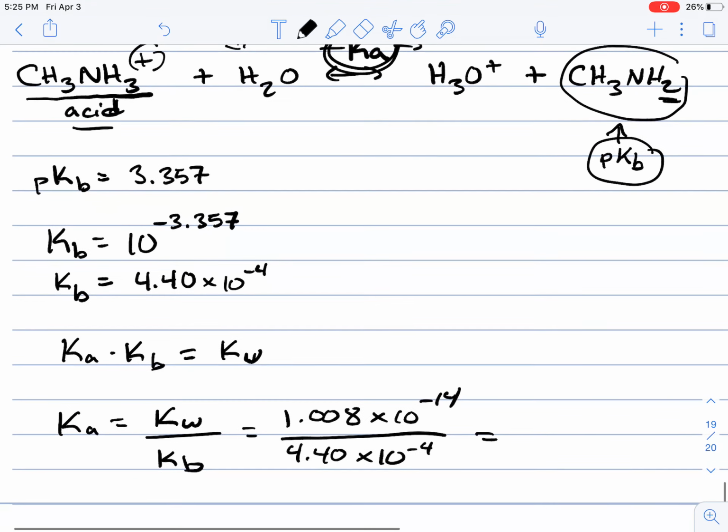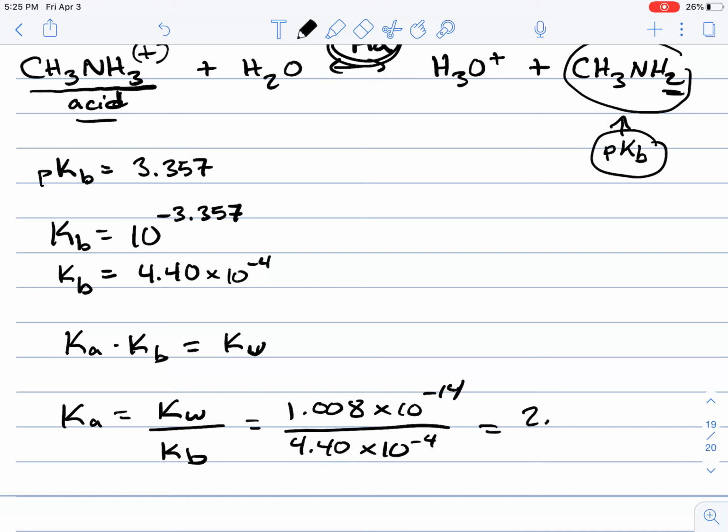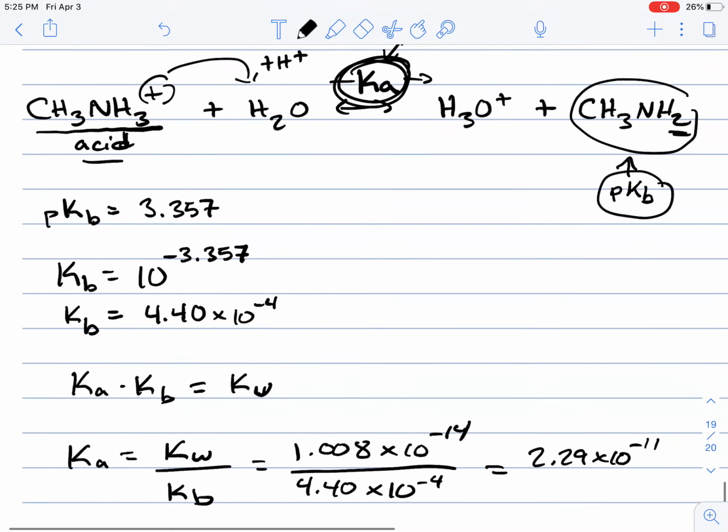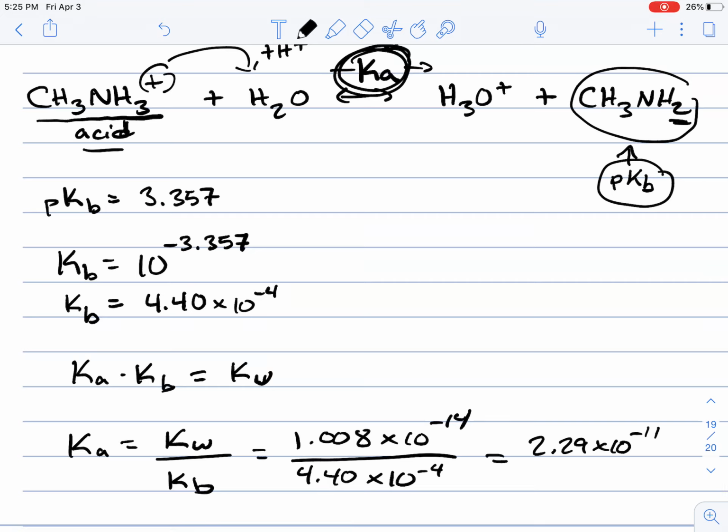If I divide those two values, that's going to give me a Ka value of 2.29 times 10 to the negative 11. And so I'm going to go ahead and just put here that I have a Ka value of 2.29 times 10 to the negative 11.